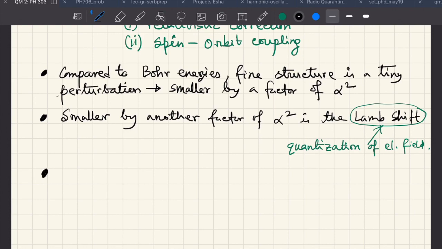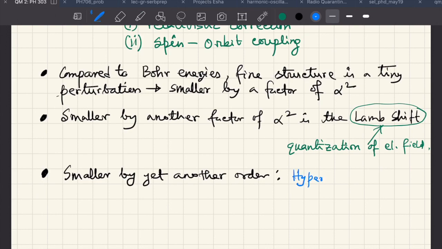And finally, there are even smaller corrections by yet another order, and those are called hyperfine structures. We started with fine structures.